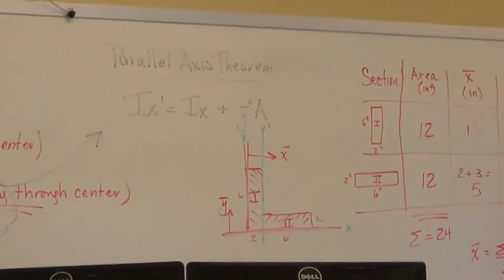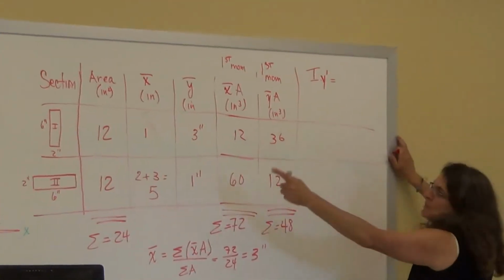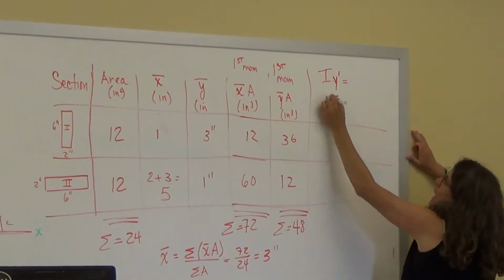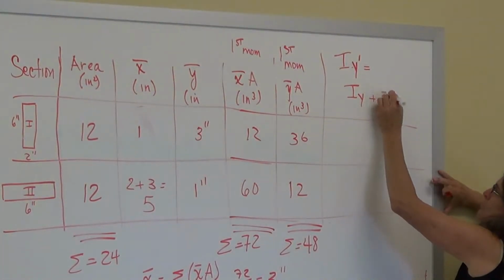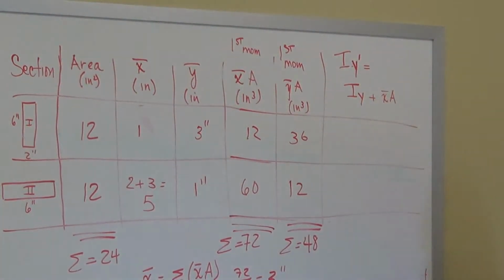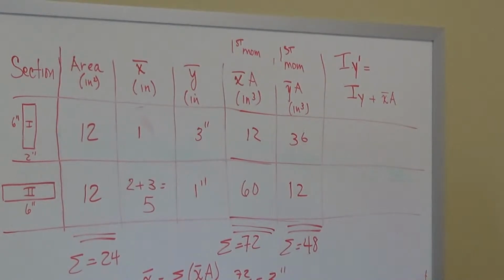So y bar is going to be equal to y bar through the center plus x bar squared times the area. At least for this one, right?